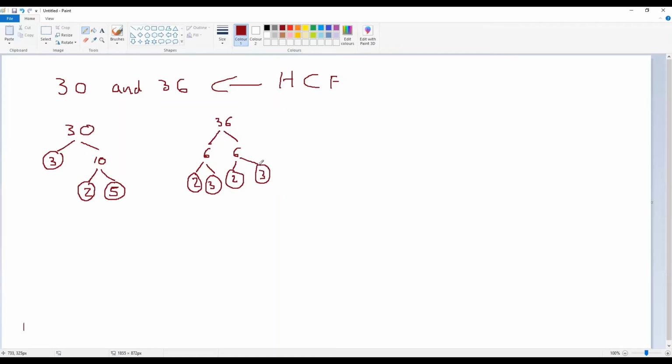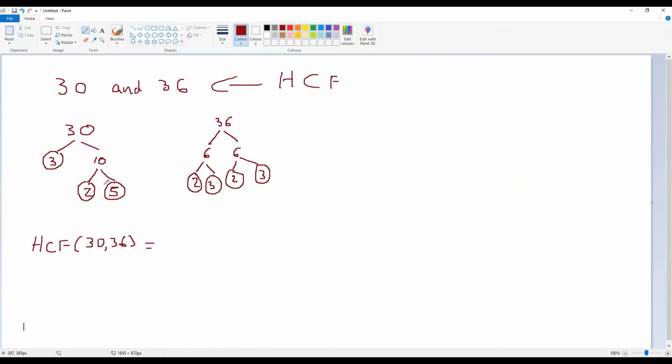Okay, so that's our factor tree for 36. Now, to find the highest common factor of 30 and 36, what we do is compare the leaves of our factor trees.